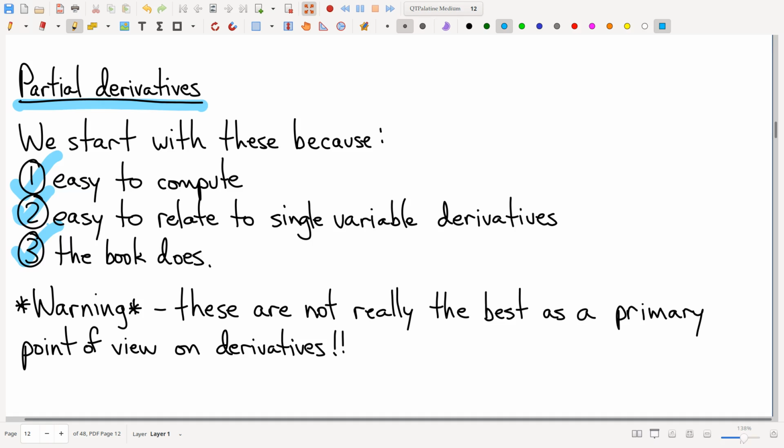We're going to see probably on Friday what I consider to be truly the best way to think about multivariable derivatives. So this is just a foot in the door. I want y'all to think of partial derivatives as being a first attempt that is going to end up not being a complete failure.